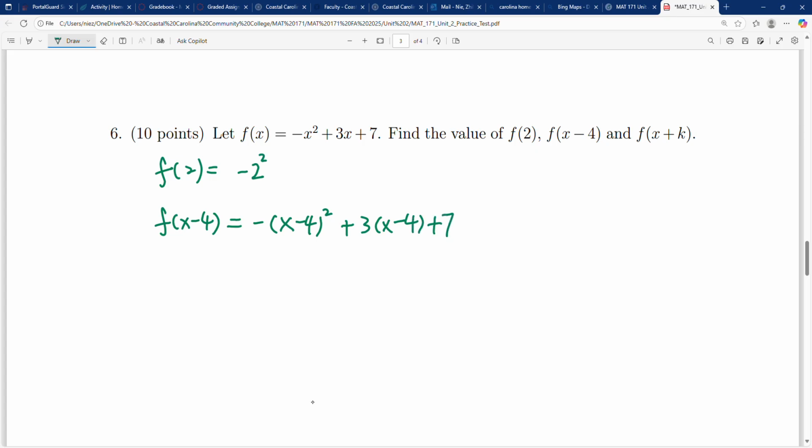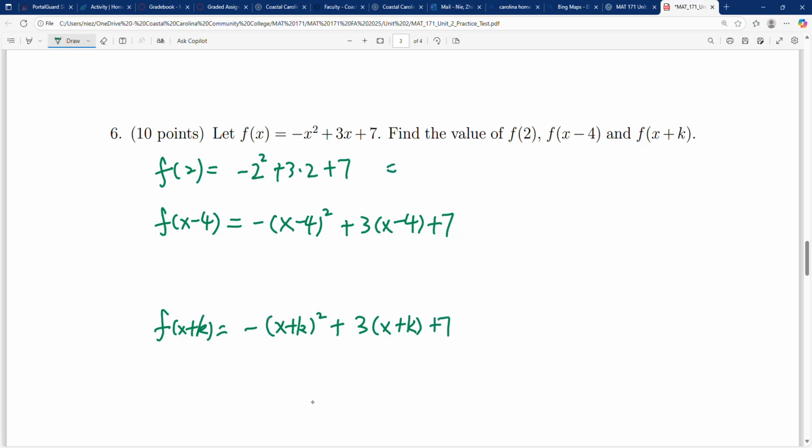So the first one is negative 2 squared plus 3 times 2 and then plus 7. Let me write the last one also, and then do the simplification. Negative (x plus k) squared, and then plus 3 times (x plus k), and then plus 7.